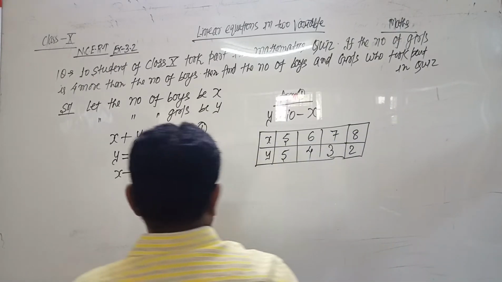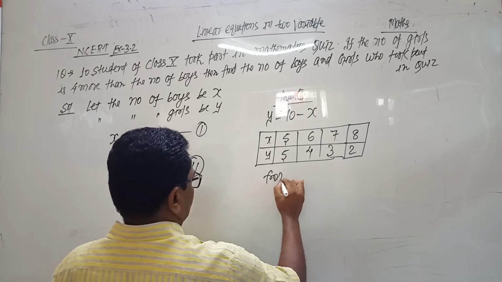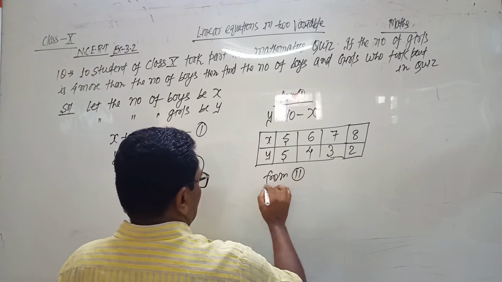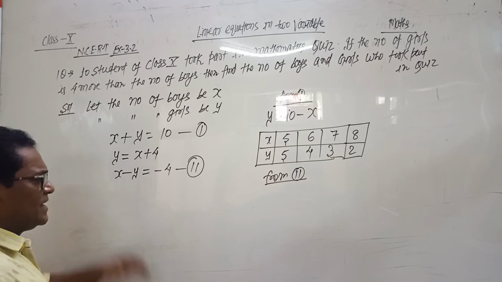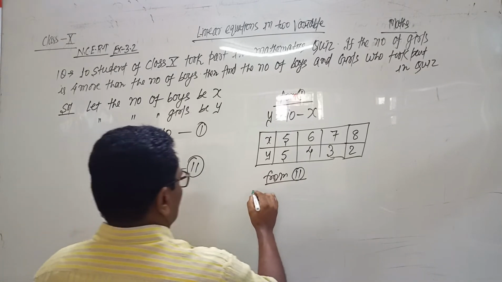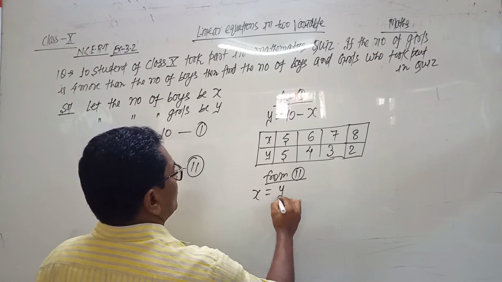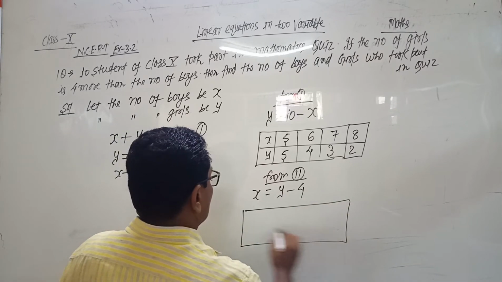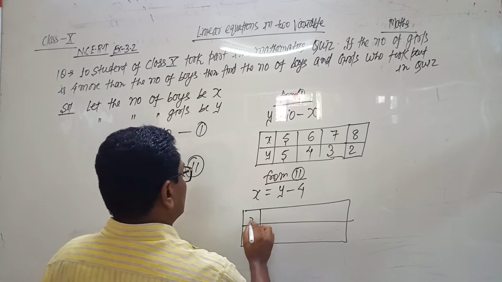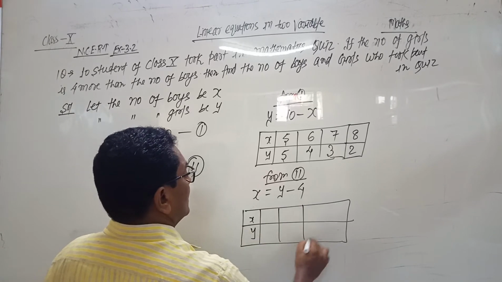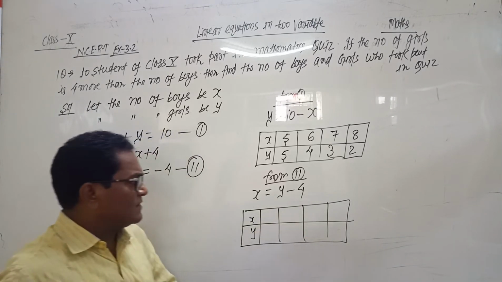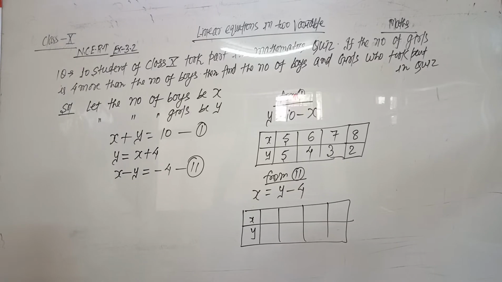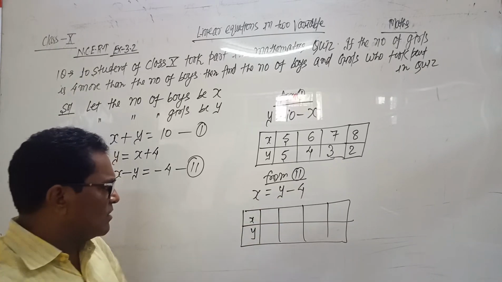And from second, in this eliminate x. So x equals to y minus 4. Now to make the table x, y, in this different values of y would be taken and we obtain the value of x.